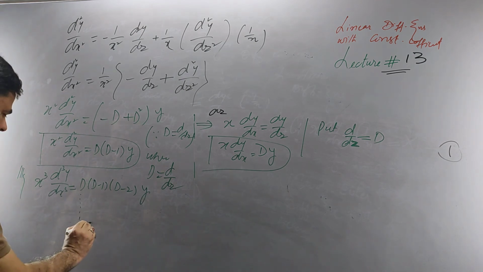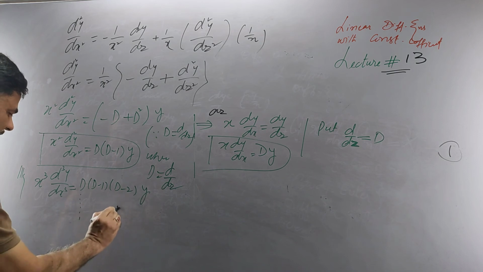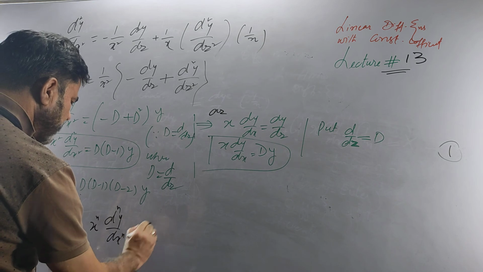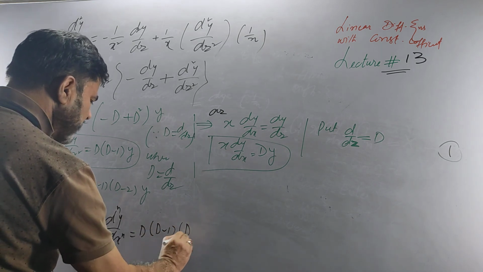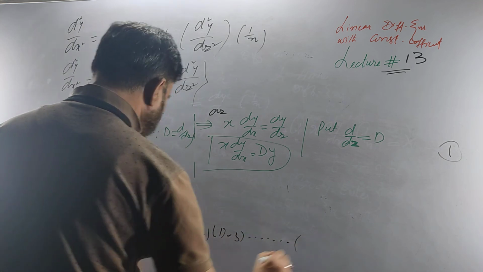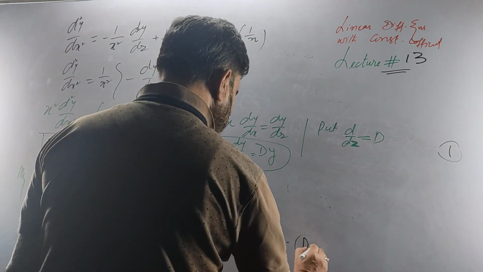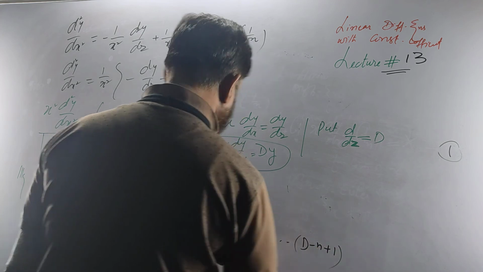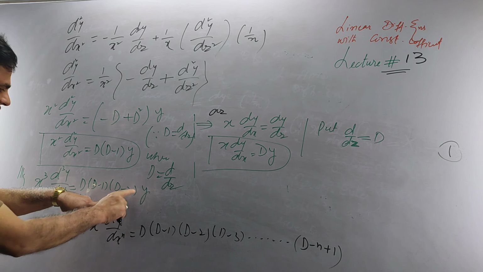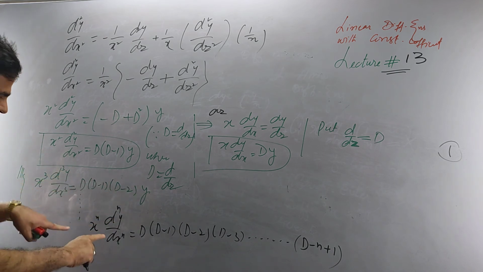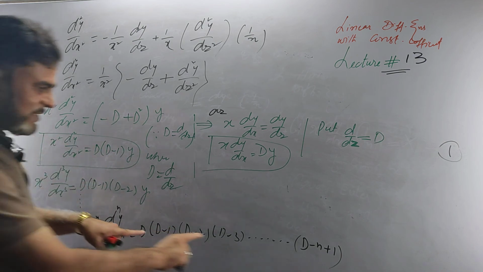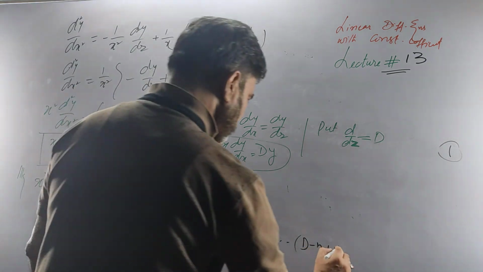When you have x raised to power n, d n y by dx n, it is D into D minus 1, D minus 2, D minus 3, and so on up to D minus n plus 1, because you see here D minus 2, it is actually D minus 3 plus 1. Here you have D minus 2 plus 1. So it is D minus n plus 1 into y.